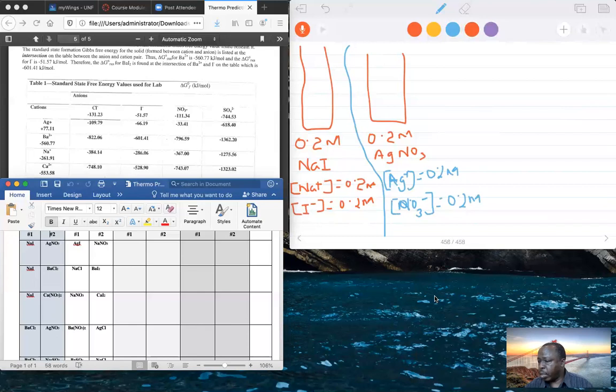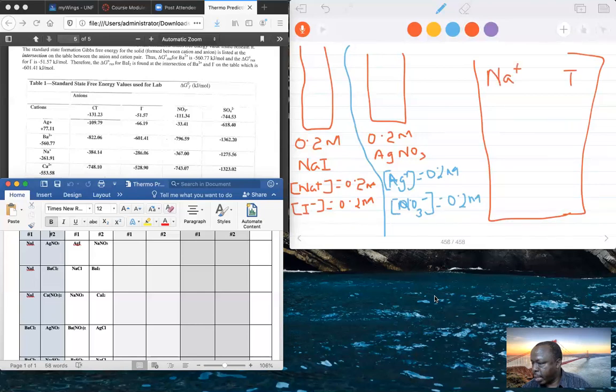We are mixing together in one big container. Assume that you are mixing in one big container, and the first reagent is sodium iodide. The second reagent is silver nitrate. This is a double replacement reaction, by the way.